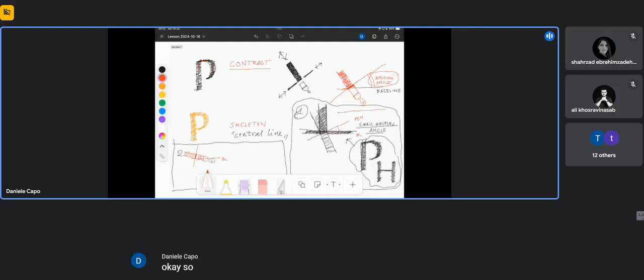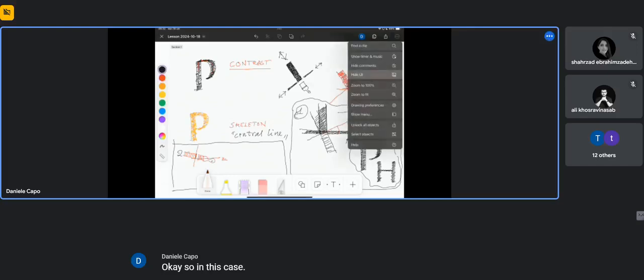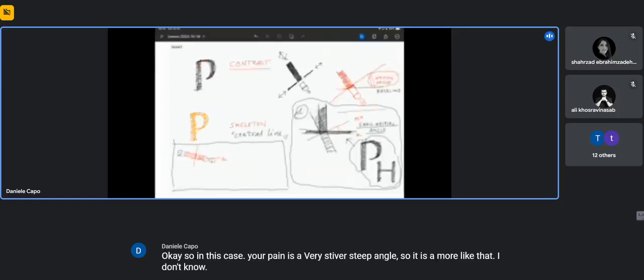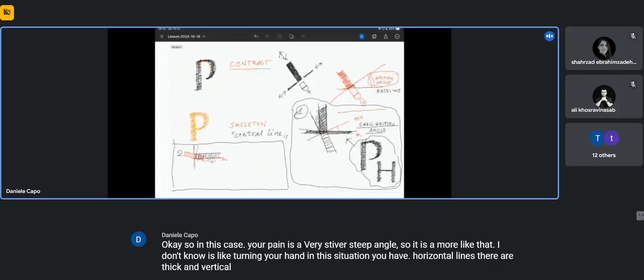Okay. So in this case, your pen is held at a very steep angle, so it is more like, I don't know, like turning your hand. In this situation, you have horizontal lines that are thick and vertical lines that are thin.